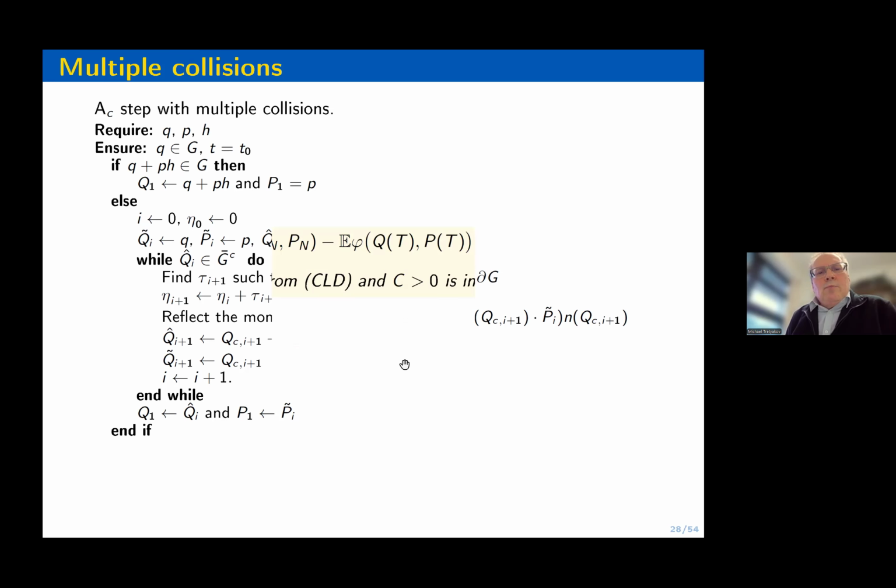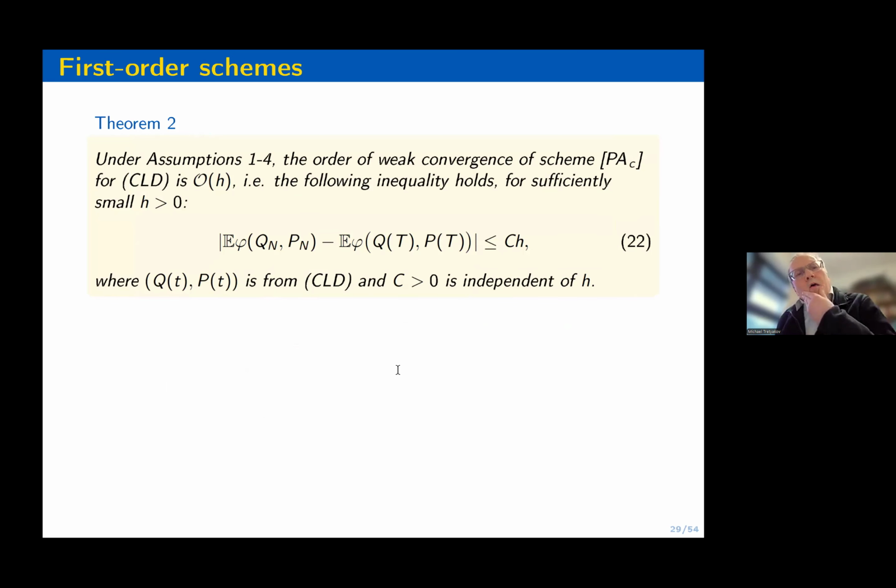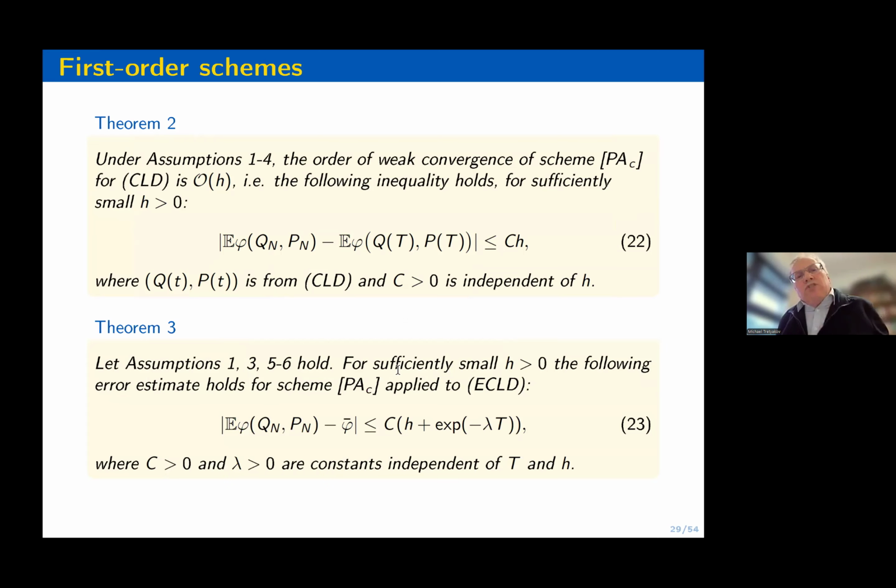What we proved are the following theorems. So for the system, the more general Langevin type equation, we prove convergence with weak order 1. And C here can depend on integration time, so we are proving this on a finite time interval.